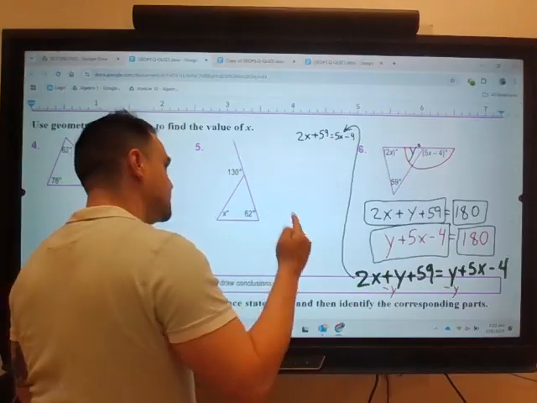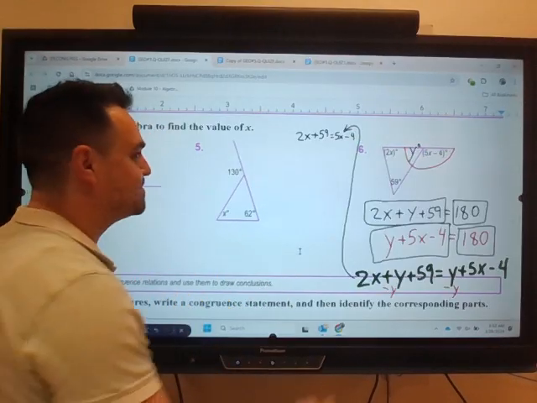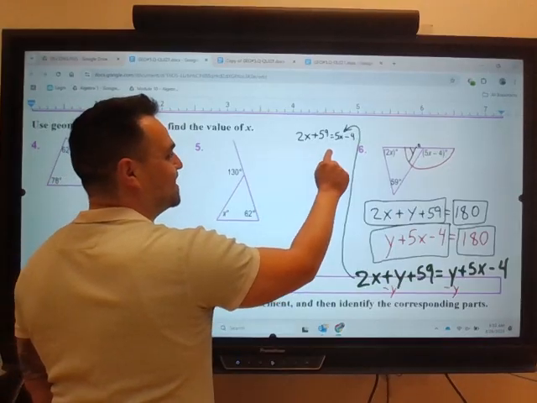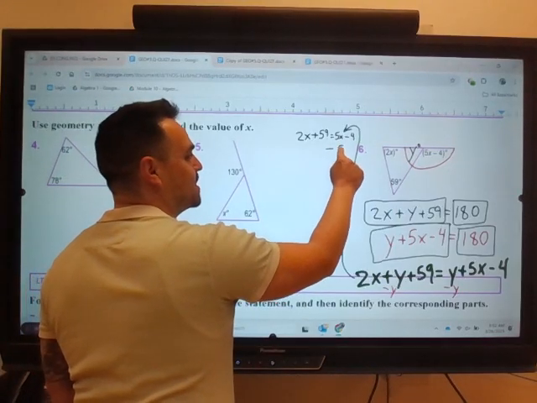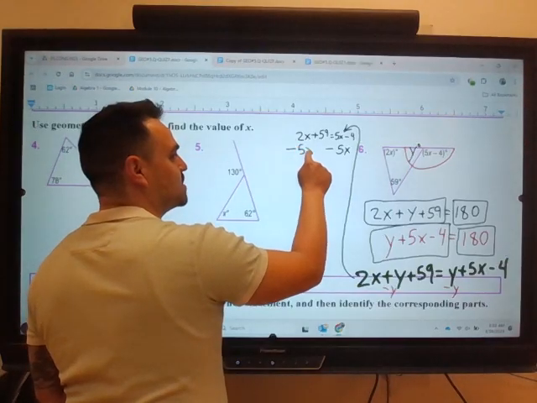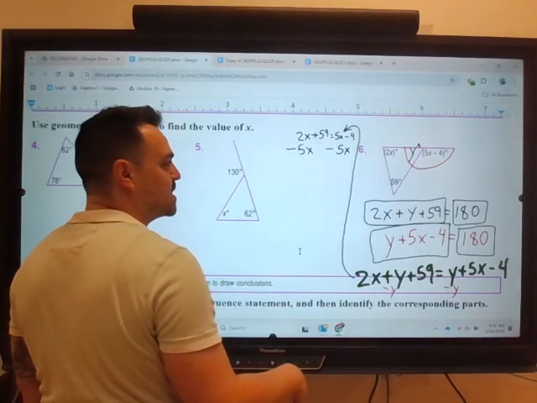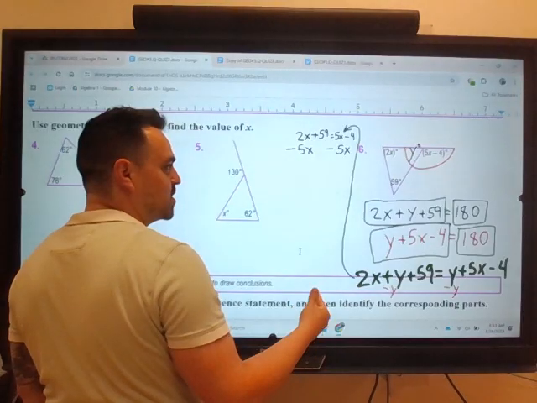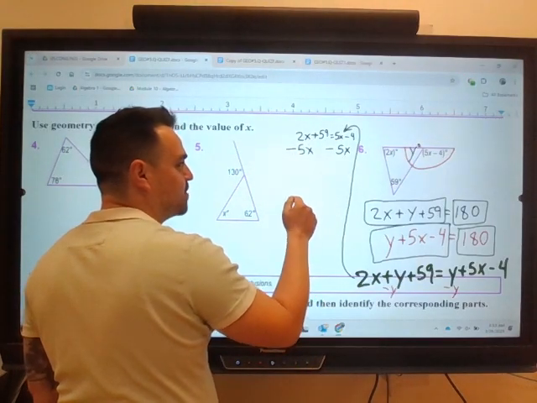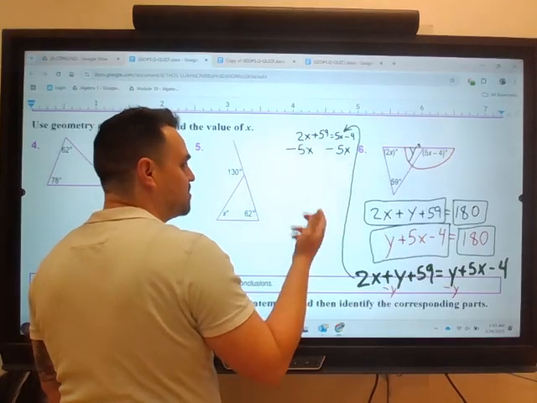And now this is something I can do. All right, I'm going to subtract 5x from both sides. Combine my like terms. I could have subtracted 2x from both sides to combine my like terms, but I want to move my x this way, so I figured I might as well do it first. So I subtract 5x from both sides first.